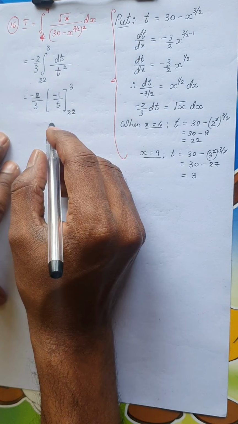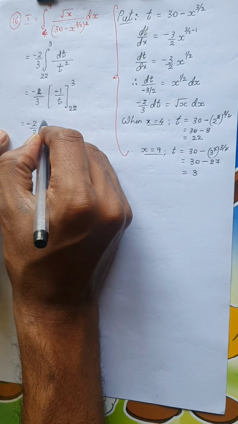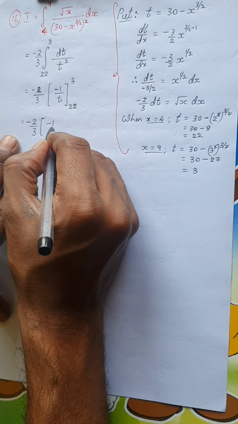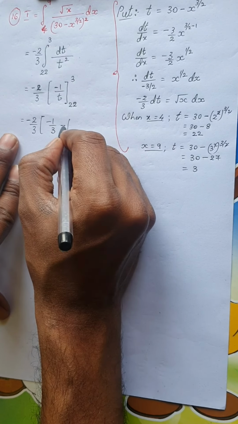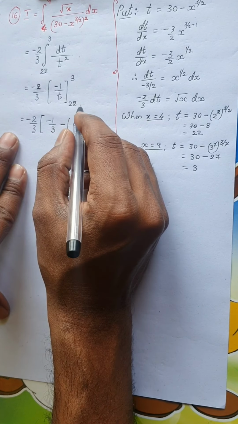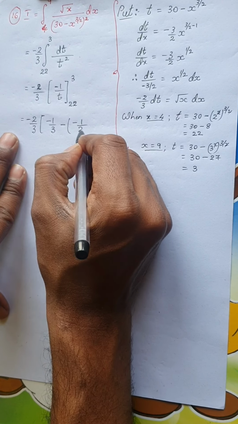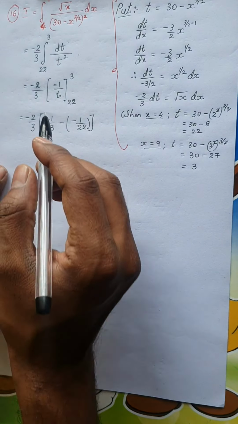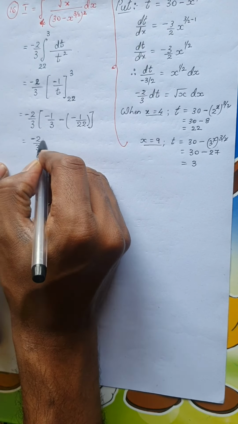So this is nothing but minus 2 by 3, which is a constant. Let me keep it as it is. So if you put the limits, the upper limit is minus 1 divided by 3, minus of, put the lower limit, which is minus 1 divided by 22. Is it clear? So this becomes minus 2 by 3 outside.